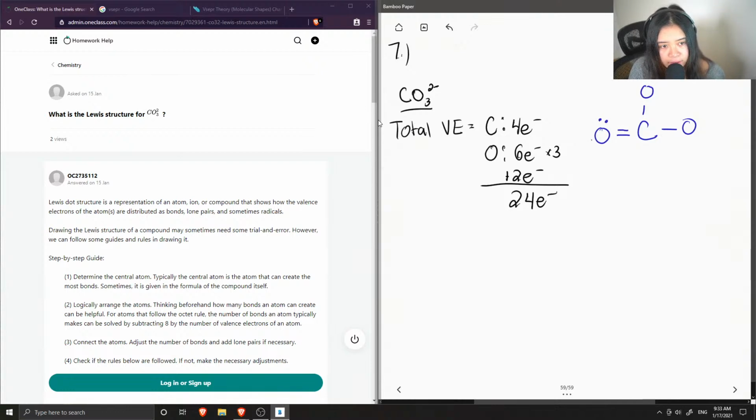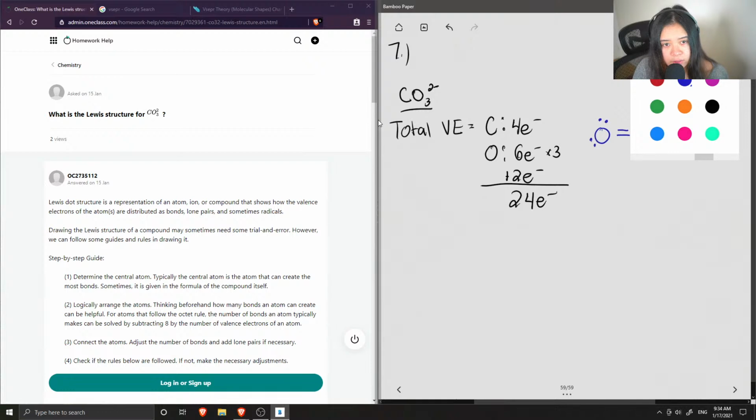So now let's fill in all of the lone pairs on our oxygens and count out how many electrons I've drawn in the structure. So each bond contains 2 bonding electrons, and we end up with a total of 24 electrons for this structure.